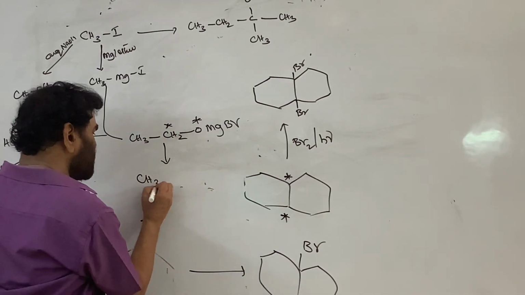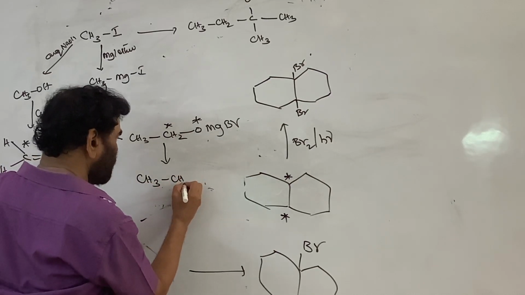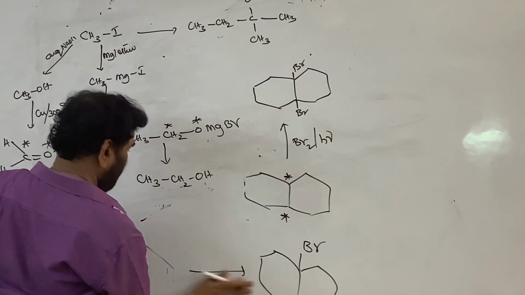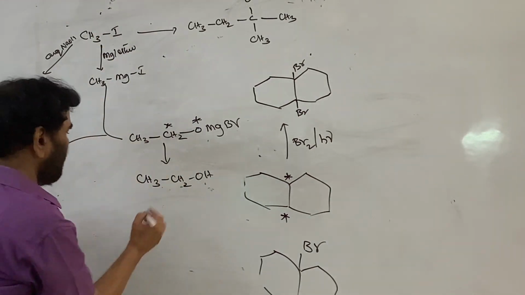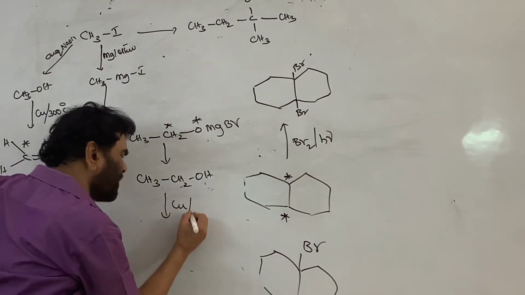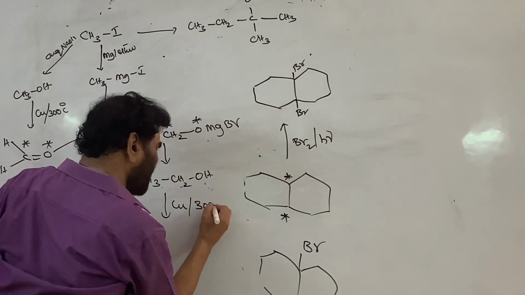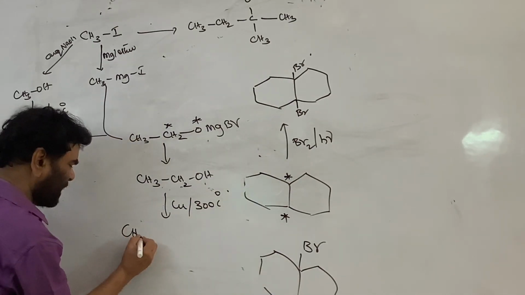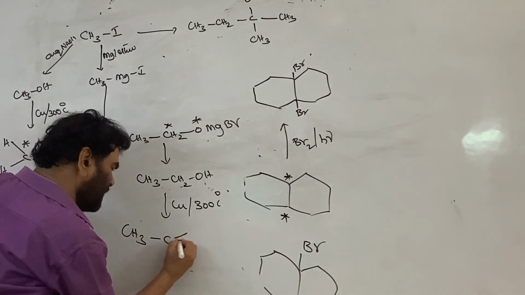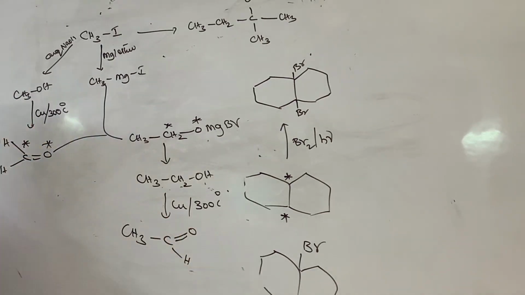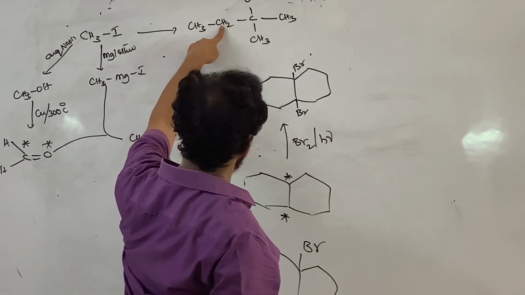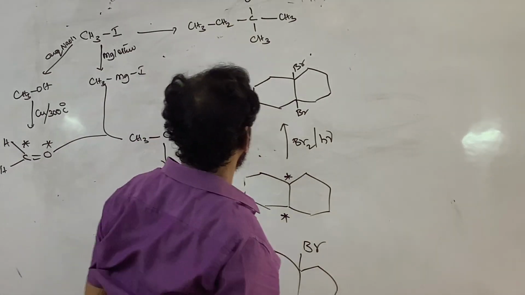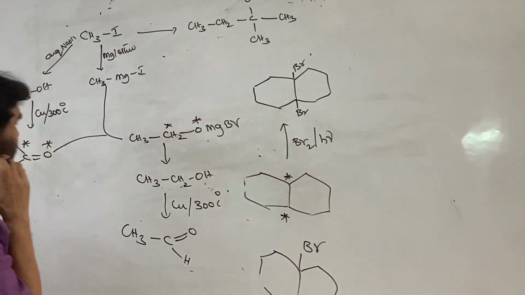Now ethyl alcohol is produced. Same reactant. This on oxidation, say simply copper, there are many reagents you can use, anything. CH3 CHO, acetaldehyde is formed.